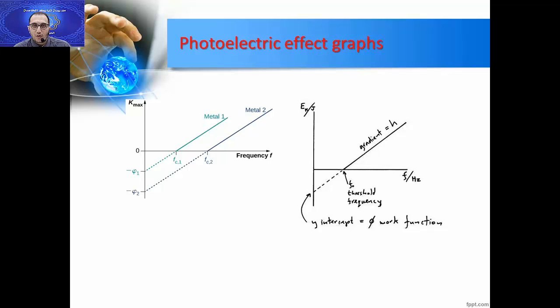We have to study this graph very well, because it may come in a graph like this with values, asking you what the gradient is. You have to calculate h, and h equals delta y over delta x. In this case you choose two points: y2 minus y1 over x2 minus x1.